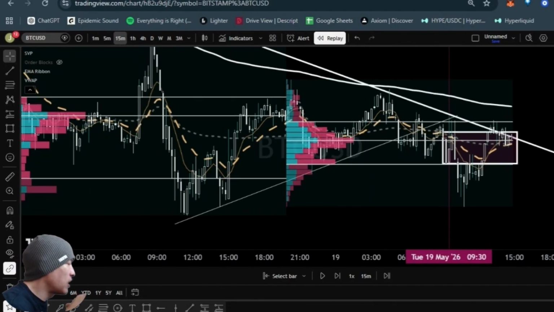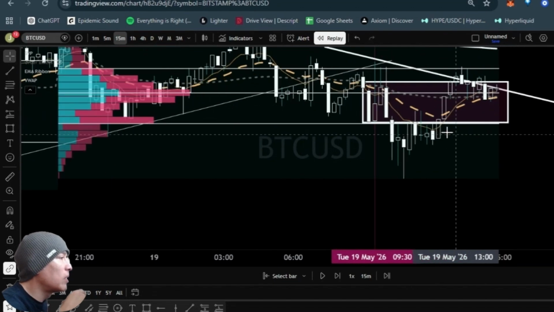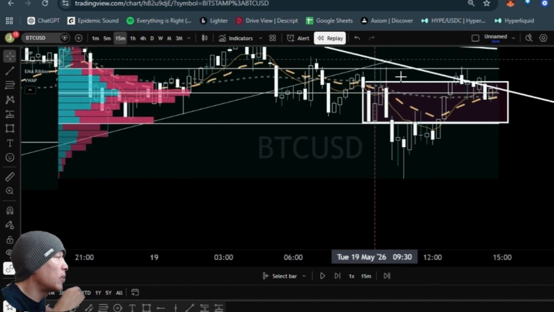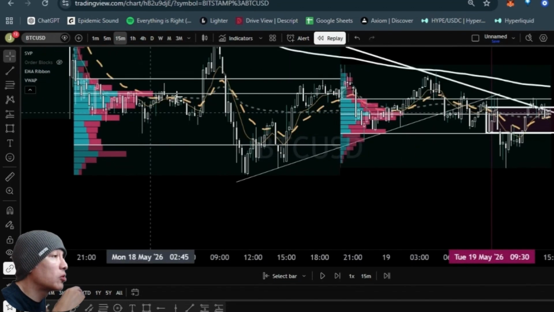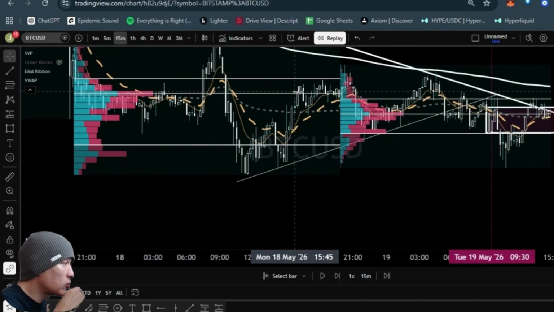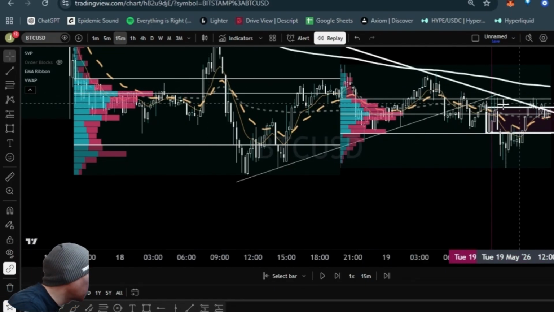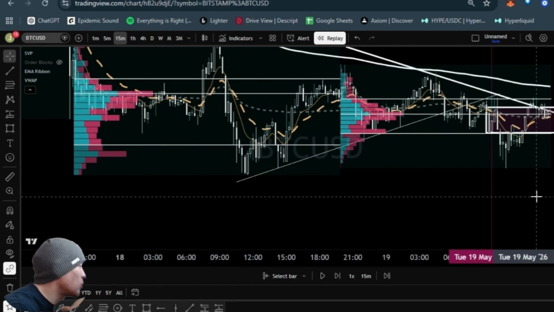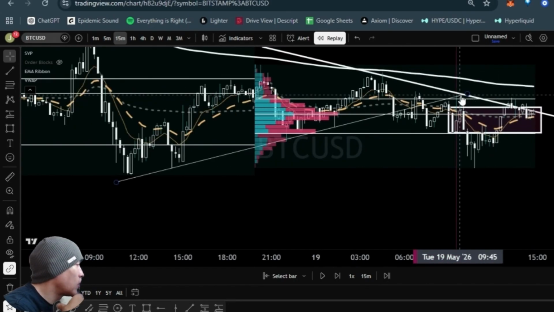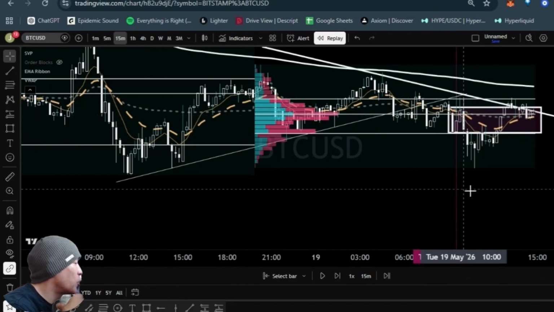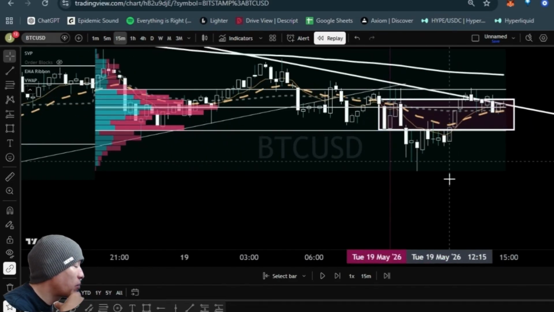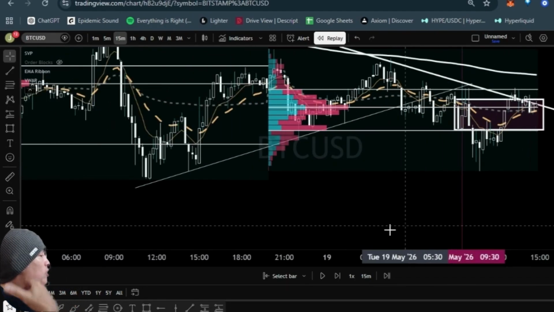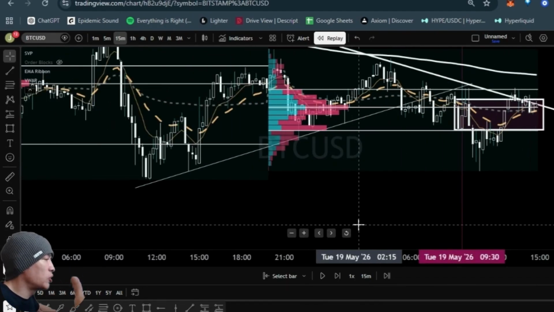All that information essentially told me that once we got up to any level close to the point of control from the prior session, which is right here, guys, literally it tapped it, almost exactly, price would bounce pretty hard off of it. You can see it happen here after several attempts of trying to cross over it. It broke through it.